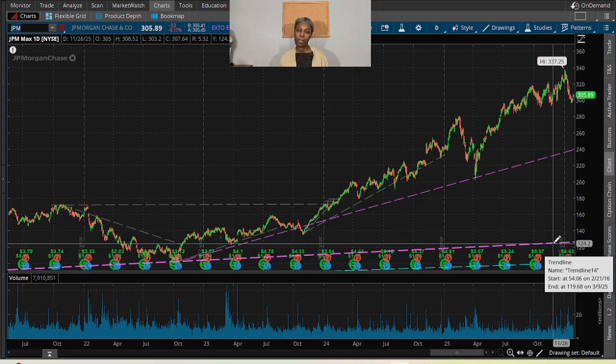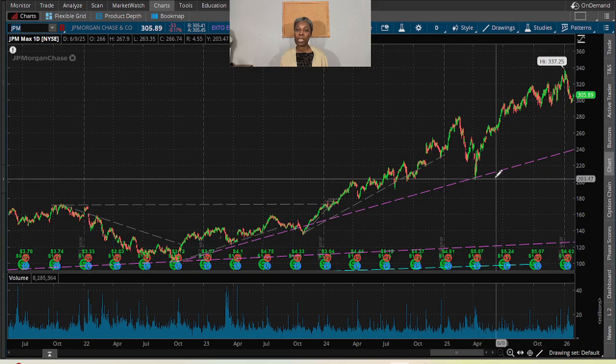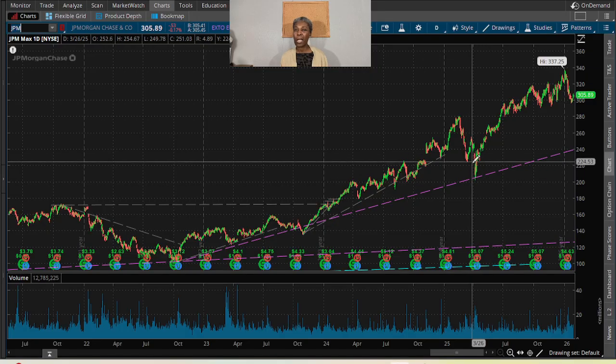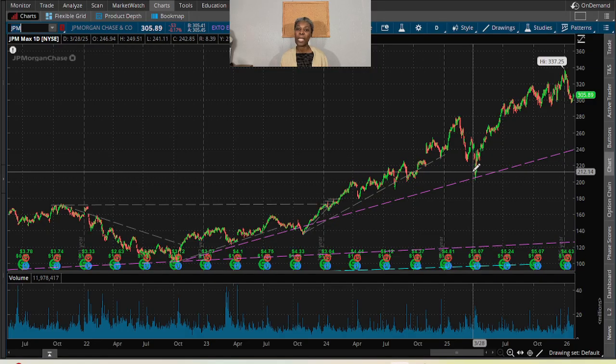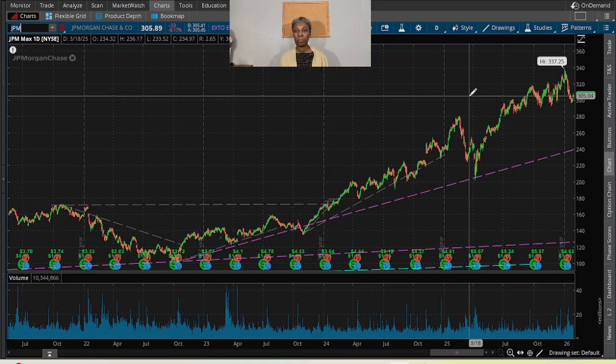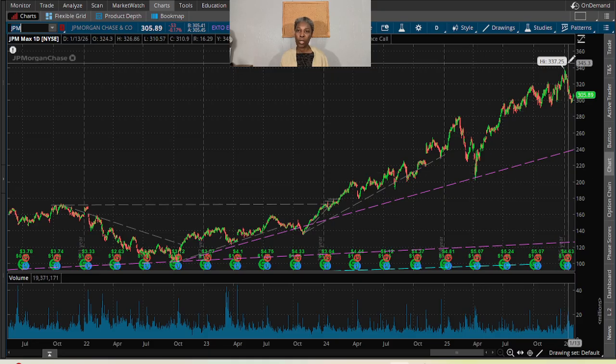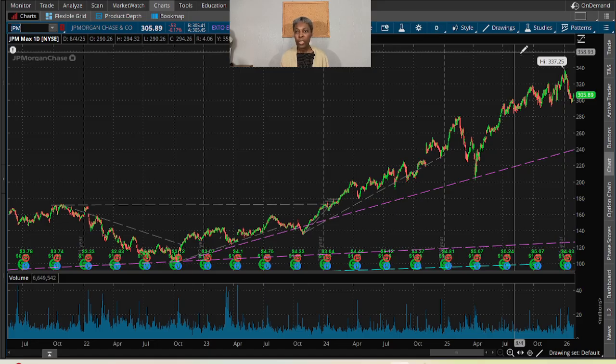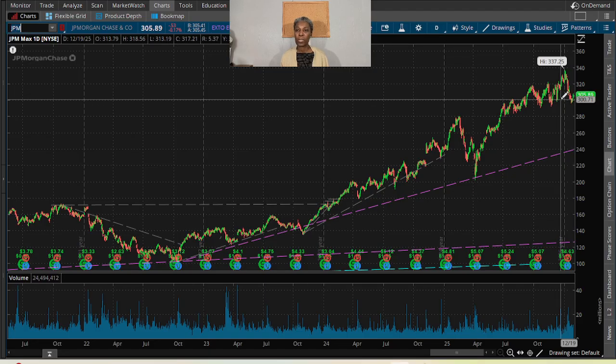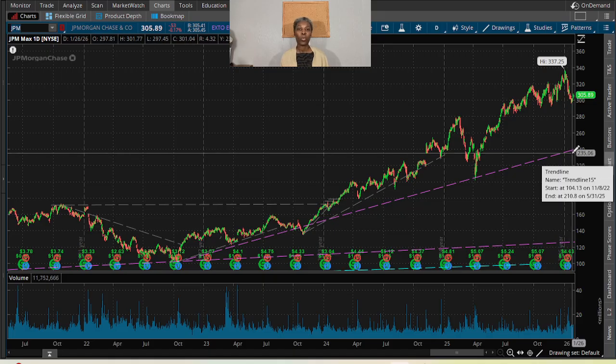Again, we missed this entry point because I was not entirely sure if this would be the valley or this. But from here it went up, and I don't know if it's done going up or if it's just resting to go back up. So, we are going to be waiting for it here.